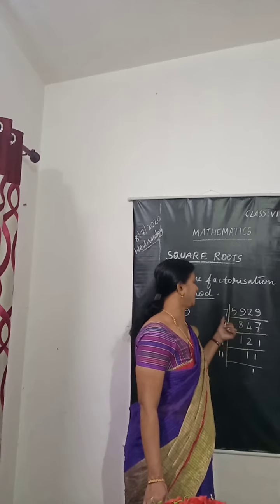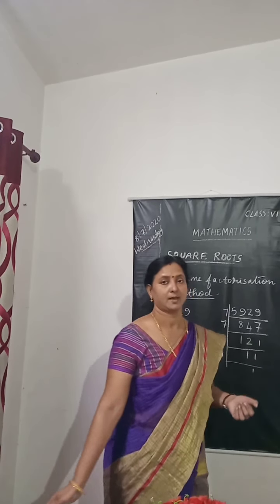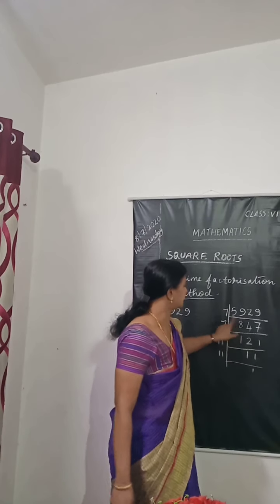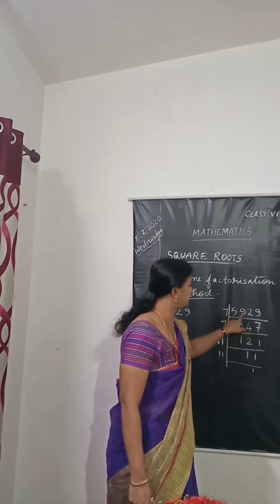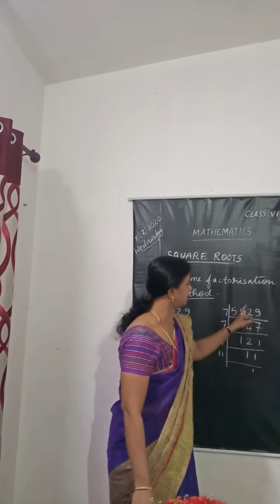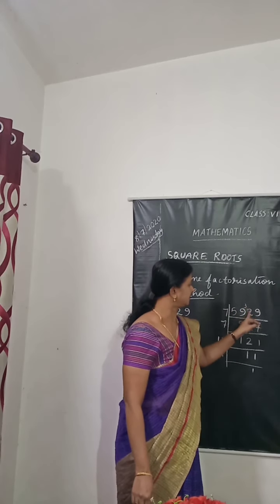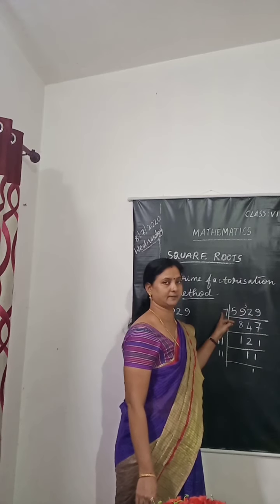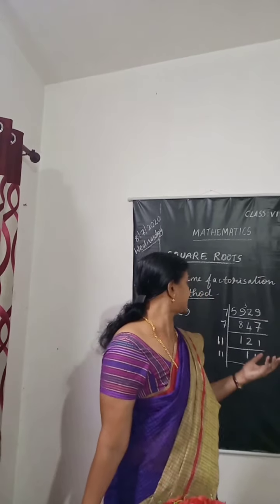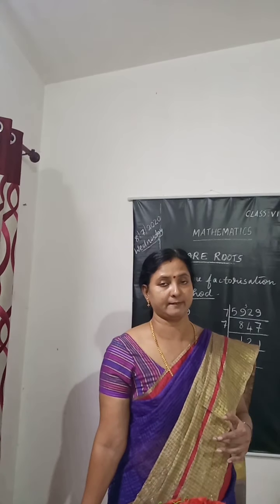In 59, how many 7s are there? 8 7s are 56. So you will write 8 here. But here it is 59. So that 3 will be remaining there. In the next case, you will consider 32 divided by 7. 7 4s are 28. 7 5s are 35.